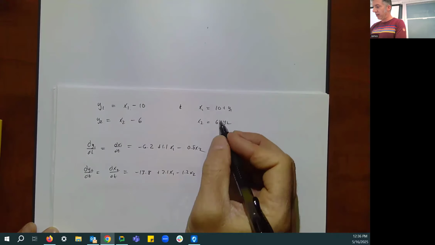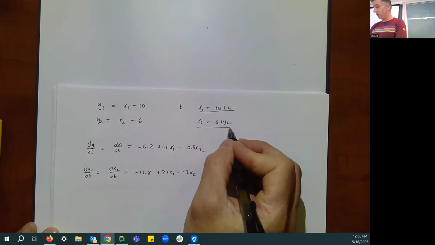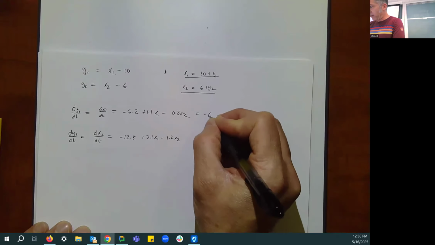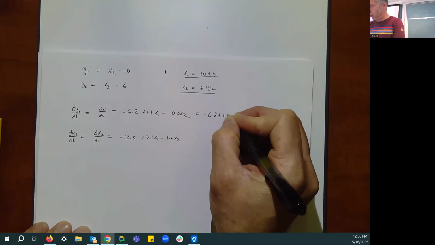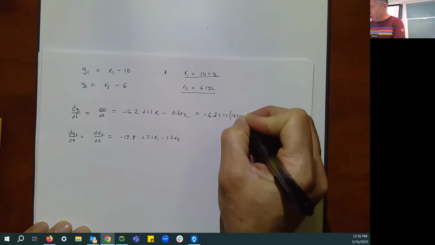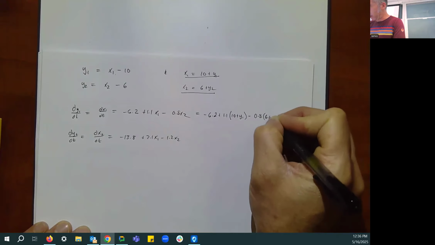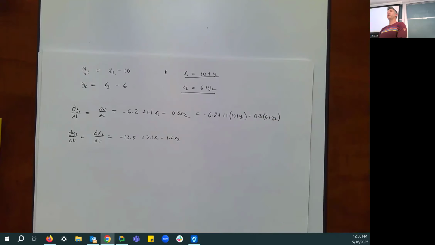Then we plug in what x1 and x2 equal in terms of y. This is going to get dicier for a minute. Negative 6.2 plus 1.1 times 10 plus y1 minus 0.8 times 6 plus y2. If you've done this right, you should only be left with a multiple of y1 plus a multiple of y2, and the constant should end up being 0.